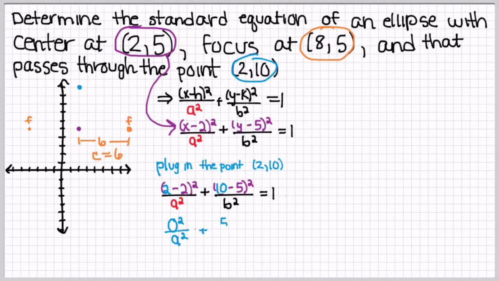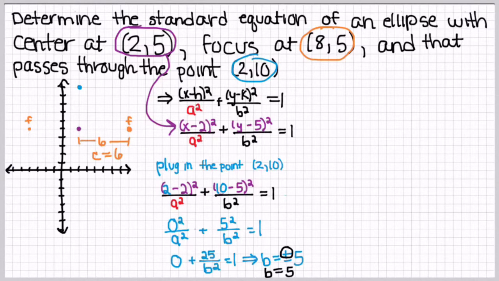So that leaves me with 0 squared over a squared plus 5 squared over b squared is equal to 1. So the first term becomes 0. I have 25 over b squared is equal to 1. So this means that b squared is equal to 25, which means that b is equal to plus or minus 5. Our b value must be positive, so that tells me that b is equal to 5.